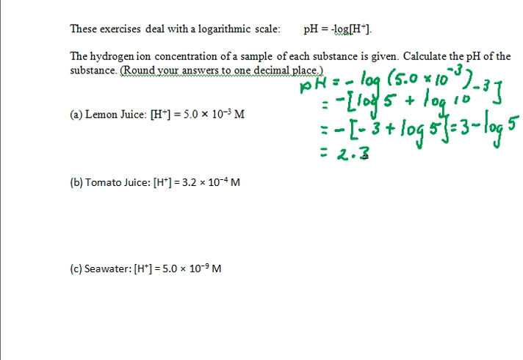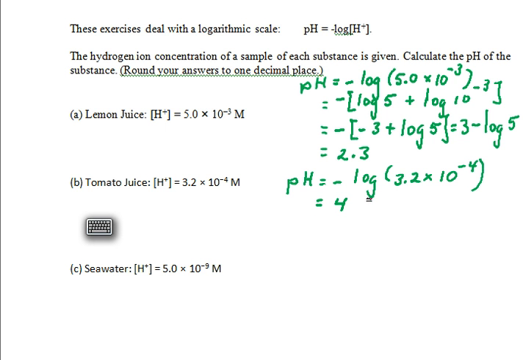For tomato juice, we'll have that the pH equals the opposite of the log of 3.2 times 10 to the negative 4, which, using the same rationale, will end up to be 4 minus the common log of 3.2.